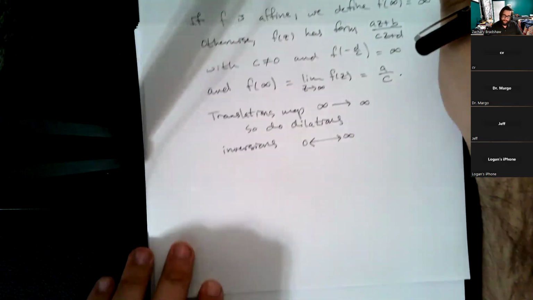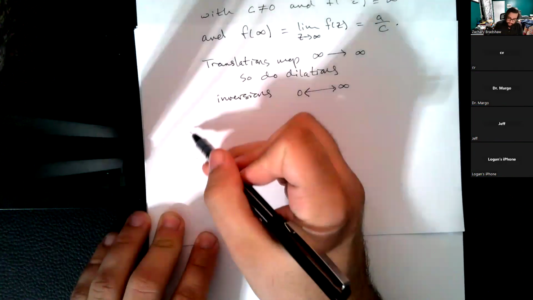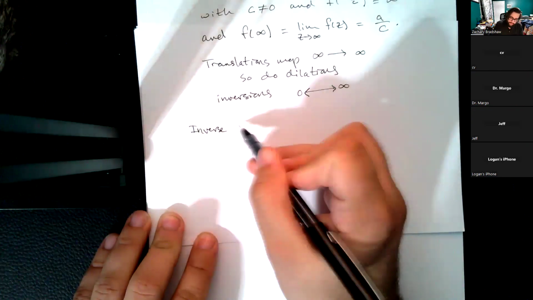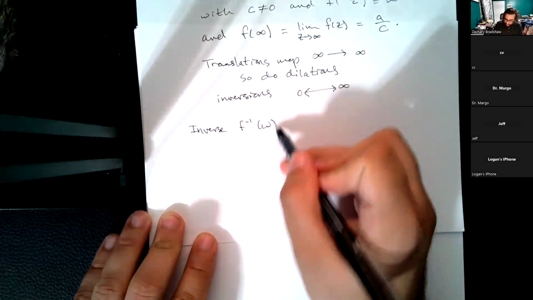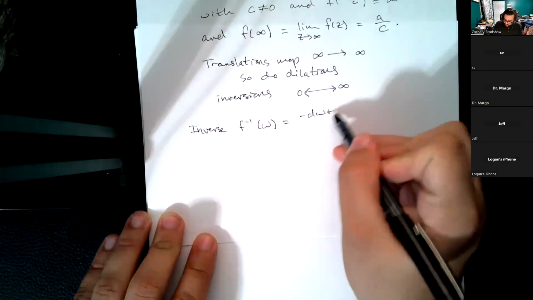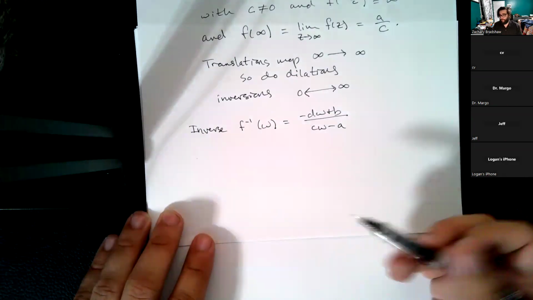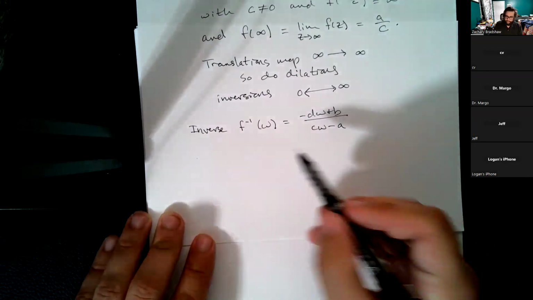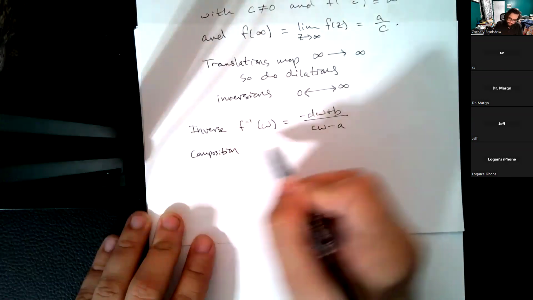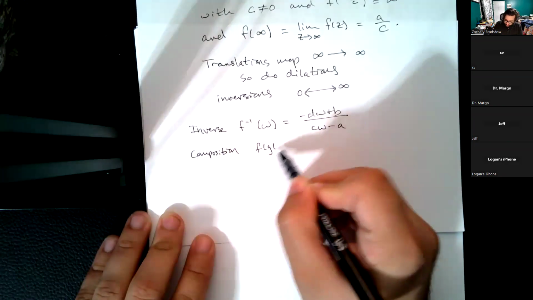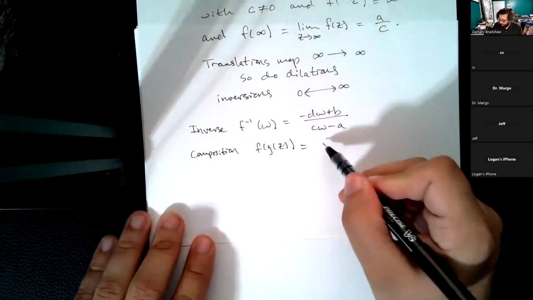And maybe not pertinent to us at this moment, but still interesting, is the following. The inverse of a fractional linear transformation, maybe I'll start calling them Mobius transformations just because it's easier, has this form. And we'll notice that it's also a Mobius transformation. We also have that the composition of 2 Mobius transformations, actually, I will write it out.